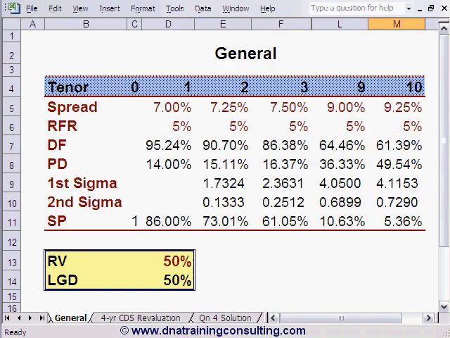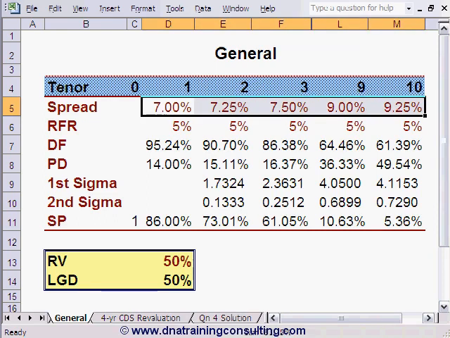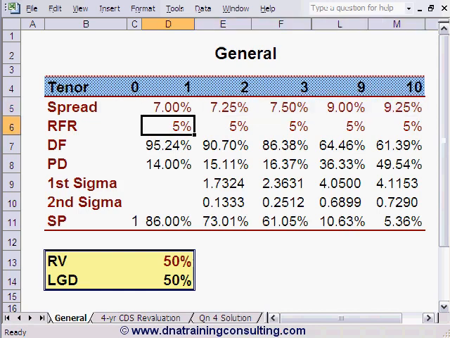Worksheet general is fairly self-explanatory and requires you to input for the reference entity in question the CDS spread curve in this row 5, where you may notice we have a number of columns hiding for purposes of space, and also the zero coupon risk-free curve in this row 6.